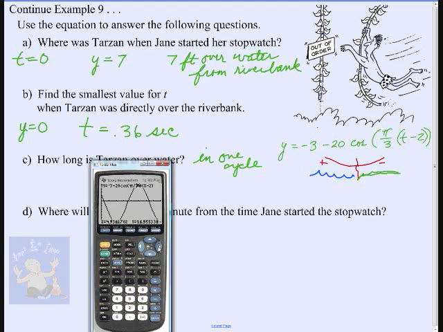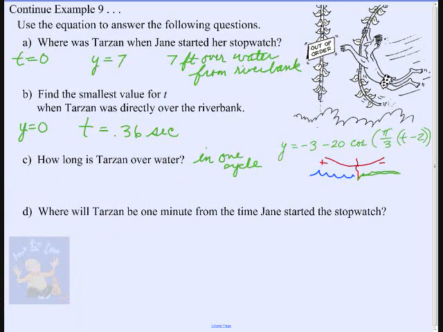And he stays out there in positive land over water until right about there, 6.4 seconds. So 6.4 minus 3.6, it's 2.8 seconds over water in each cycle.